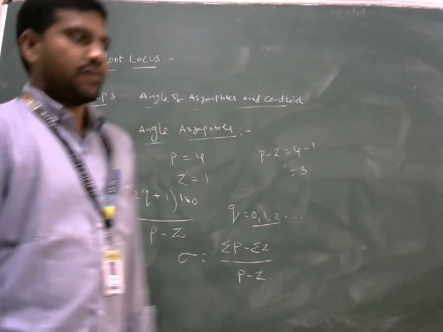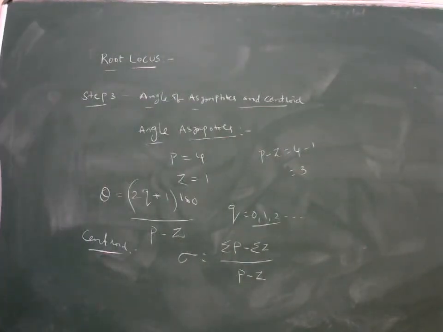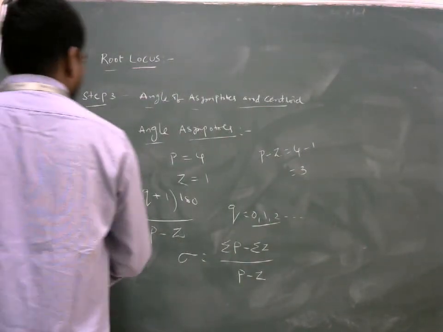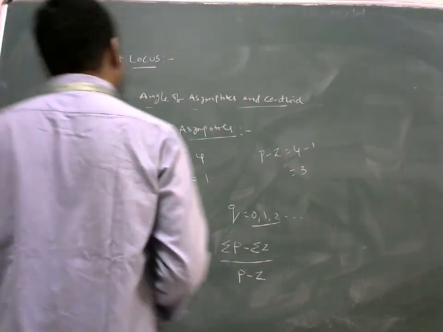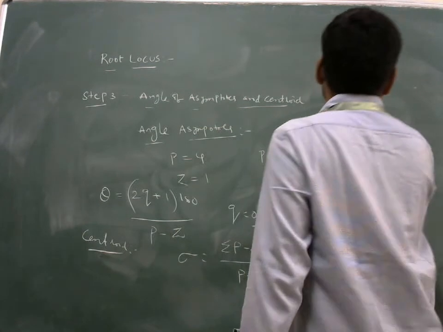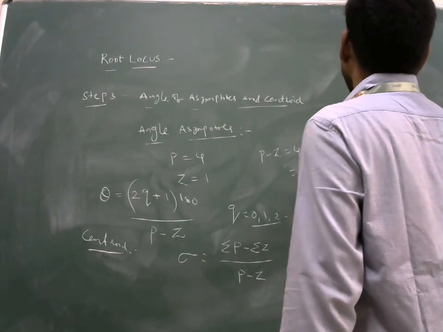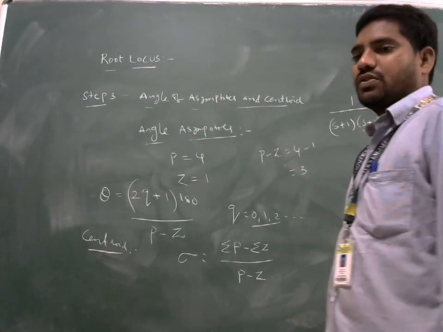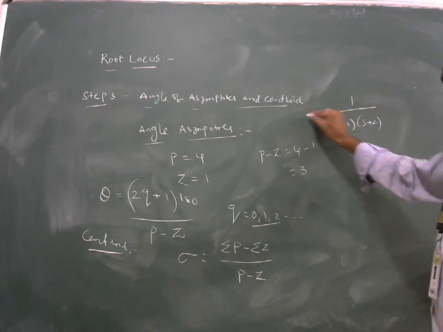Now we take one example to find this angle of asymptotes and centroid. We take a transfer function: 1 by (s plus 1) into (s plus 2), that is, 1 by (s plus 1) into (s plus 2). This is the transfer function.